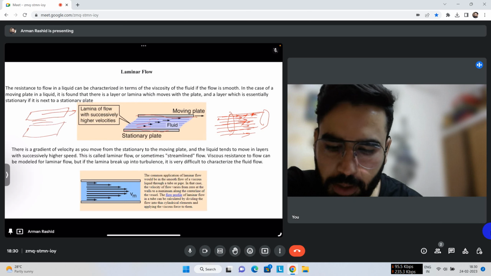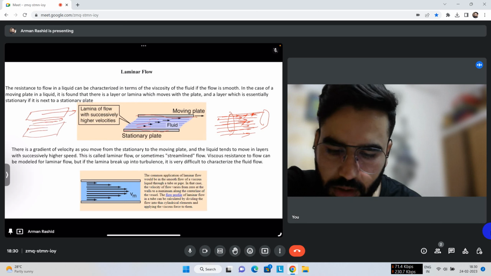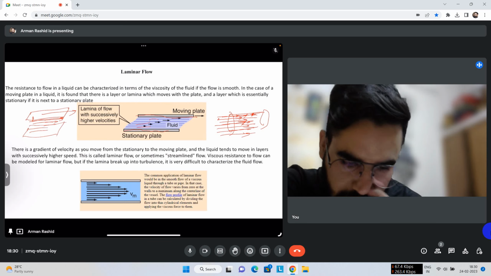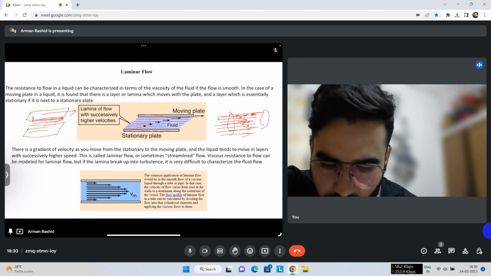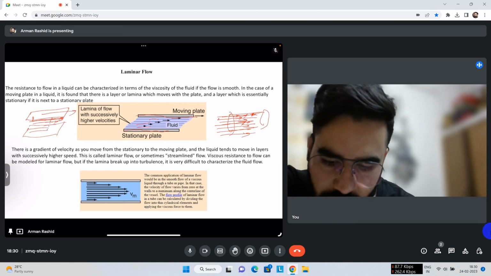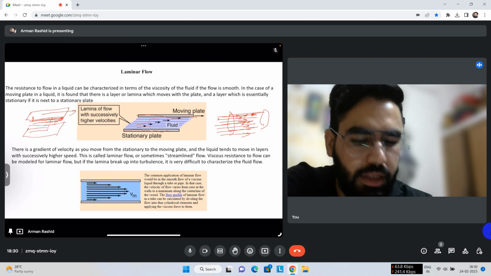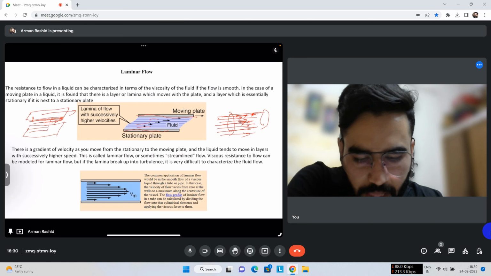So this upper plate will have the highest velocity, and the liquid near the upper plate, because it is getting dragged towards the moving plate, will be fast, and then we'll have slower layers. That means this flow is happening in different layers, and this is called a laminar flow.